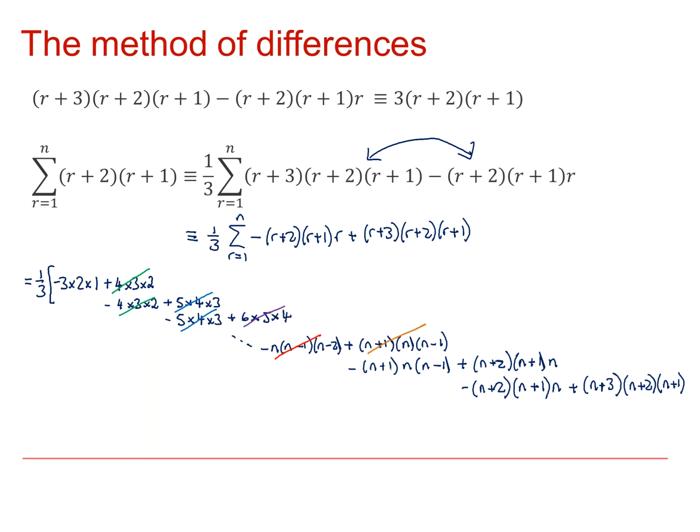And finally, those two terms cancel, and these two terms cancel, leaving me with 1/3 of minus 6 plus n plus 3, n plus 2, n plus 1.